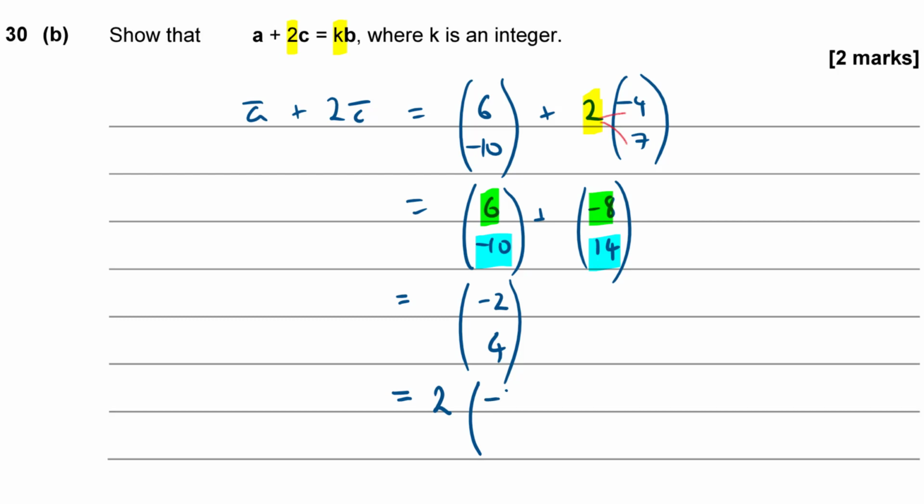So 2 times minus 1 is minus 2, and 2 times 2 is 4. So I've rewritten minus 2, 4 as 2 lots of minus 1, 2. And minus 1, 2, if you remember, is the vector B. So I have shown that A plus 2 lots of C is the same thing as 2 lots of B.